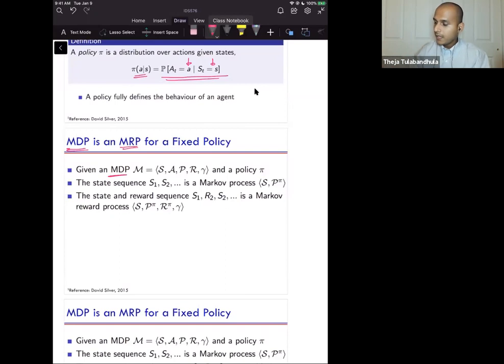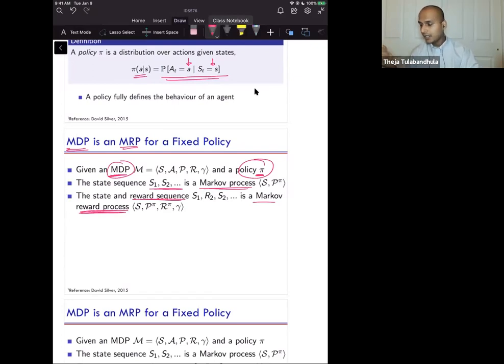Now, if you give an MDP as well as a policy, which just specifies for every state what action to take, then the state sequence is nothing but a Markov process. And because we also have rewards involved, it's essentially a Markov reward process. So if you additionally give me a policy in addition to the Markov decision process, it's nothing but a Markov reward process.